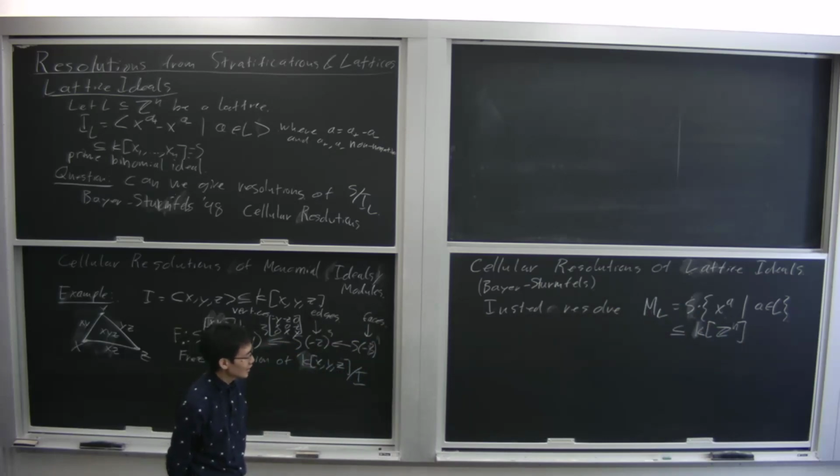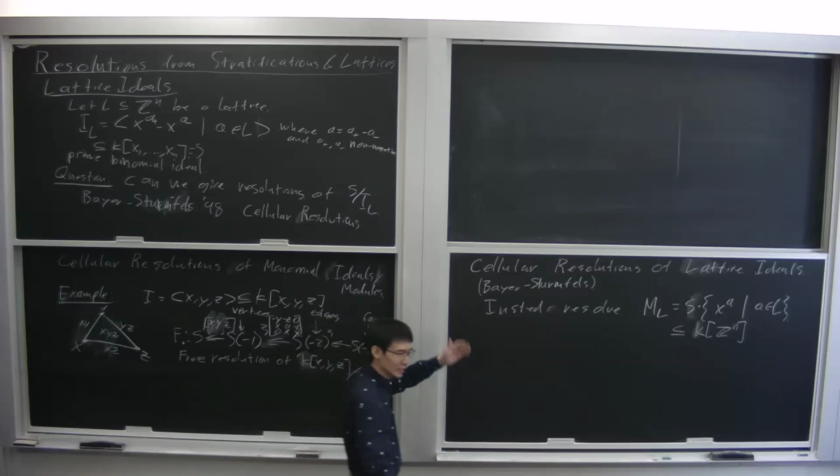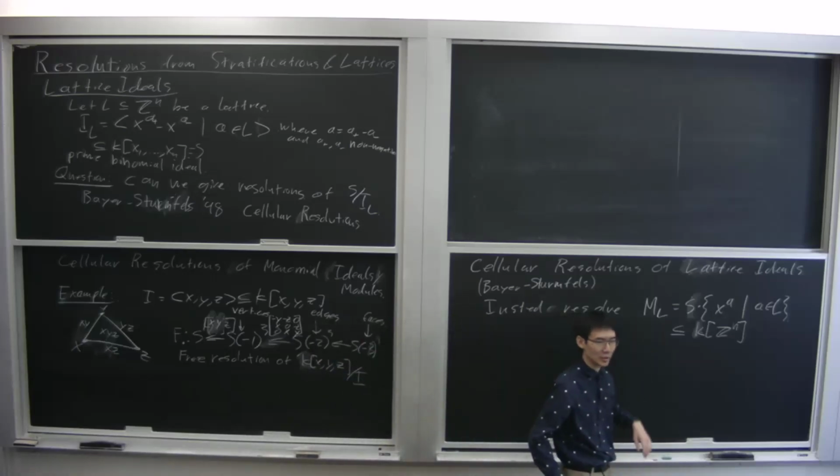This thing is obviously infinite in some sense. It's infinitely generated. But it is actually very nice in that it's very symmetric, because there's this symmetry of multiplying by elements of L, or adding elements of L, if you want to think about it as addition of exponent vectors. So it's not actually as infinite as it looks.